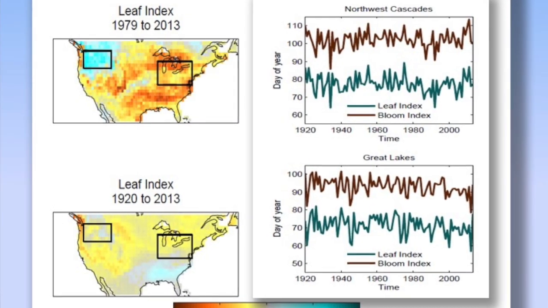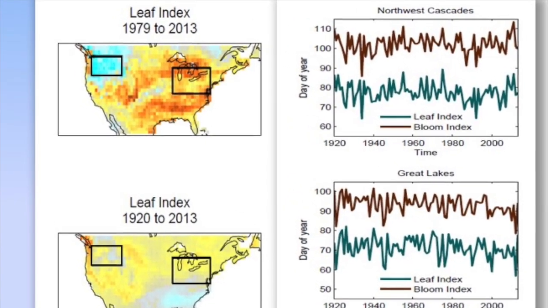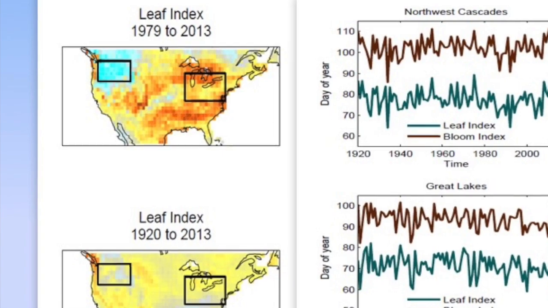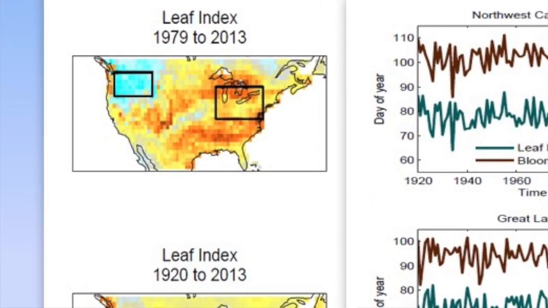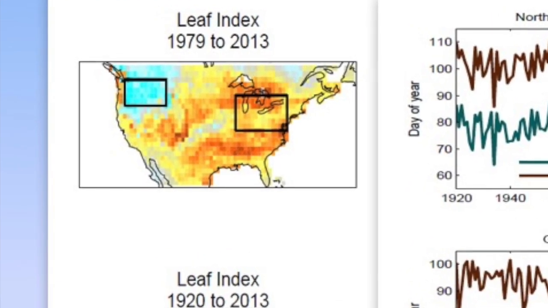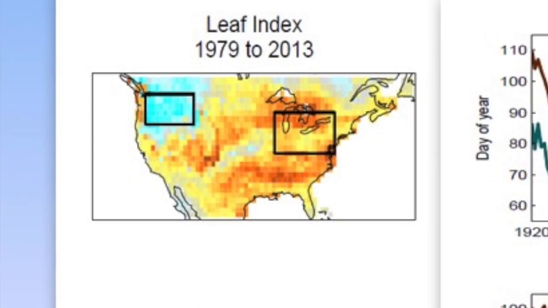So this is the leaf index from 1979 to 2013, looking at the relative trends, negative in the Pacific Northwest and really positive over the Great Lakes and upper Midwest area.